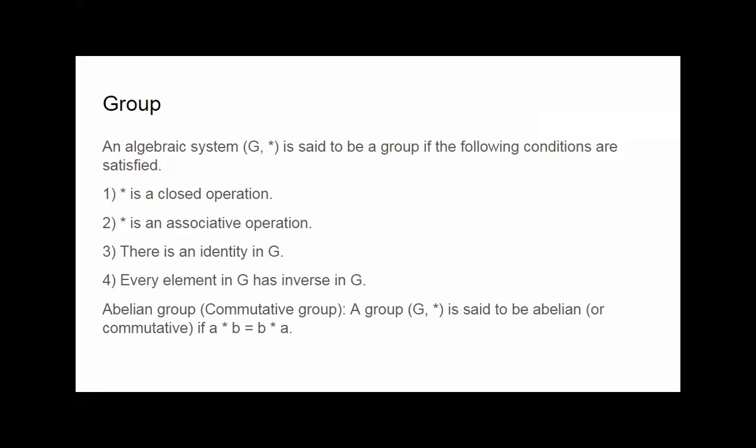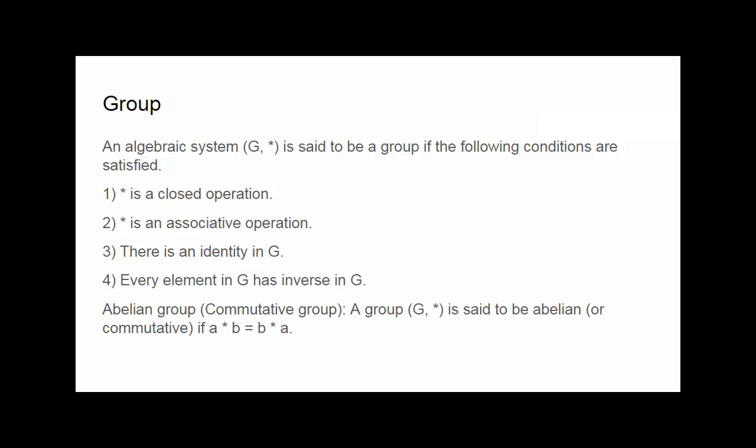For multiplication, 1 is the element such that any other element multiplied by 1 is that element only. 2 into 1 is 2, 3 into 1 is 3, 4 into 1 is 4, 5 into 1 is 5. Like that, 1 is the identity element in that set of integers, and the binary operation performed there is multiplication. That is nothing but the identity property, and that was the monoid.